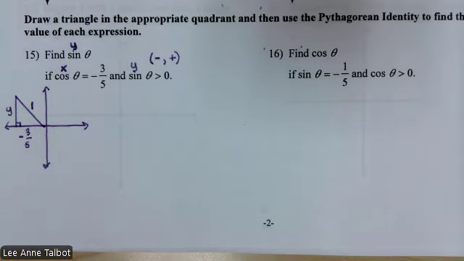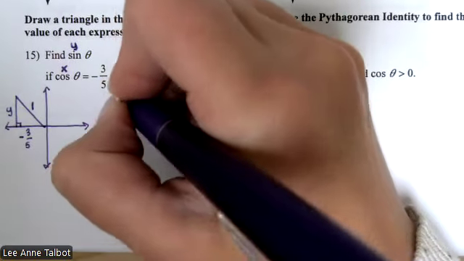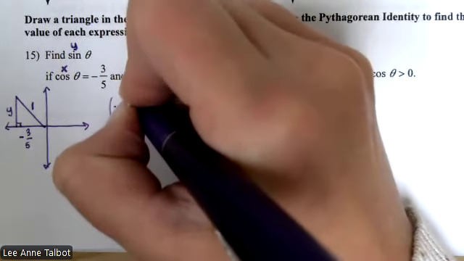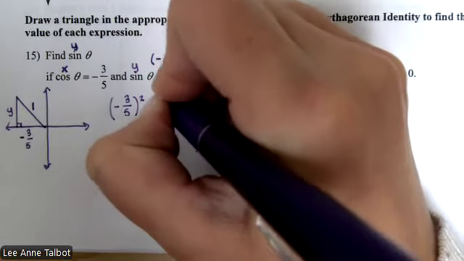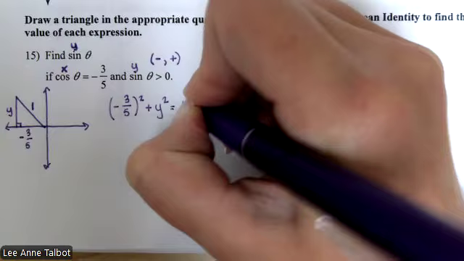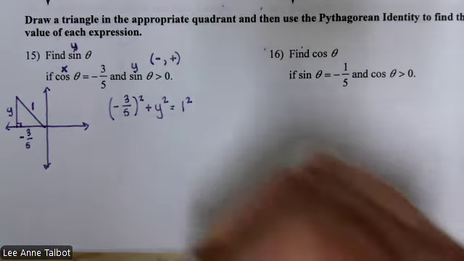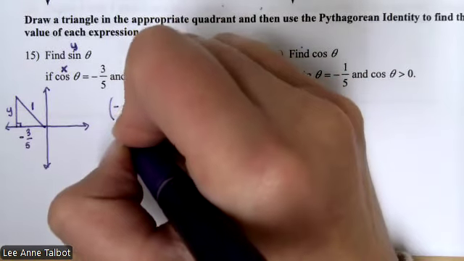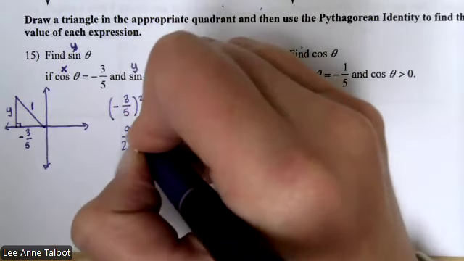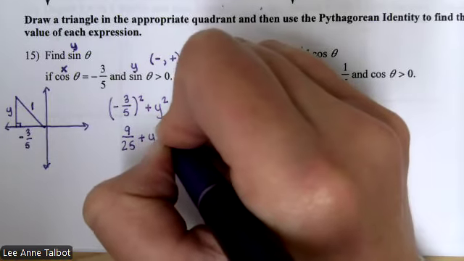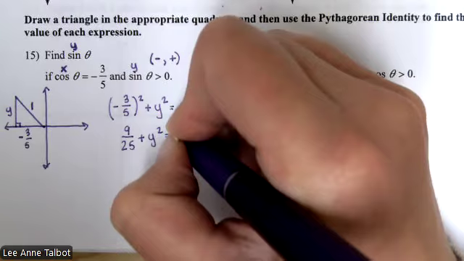Negative 3/5 squared plus y squared equals 1 squared. Nine over 25 plus y squared equals 1.